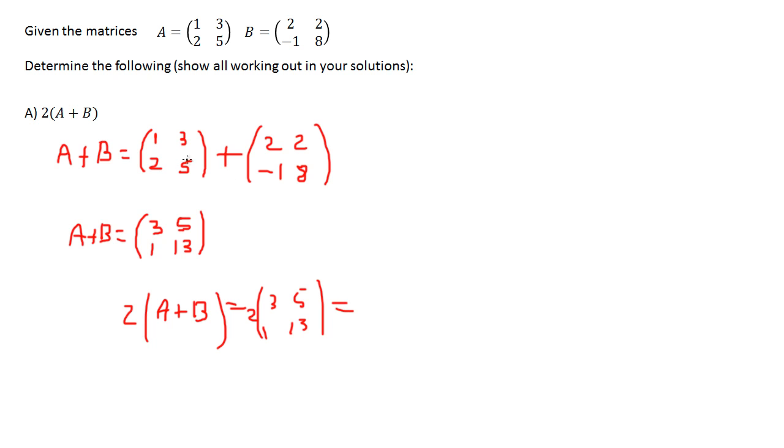Now when we have just a number outside the matrix, we basically multiply that number by the matrix. So the final result will be 6, 10, 2, 26. And that will be the answer to 2 times (A plus B).